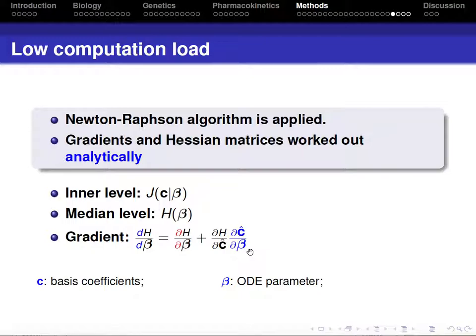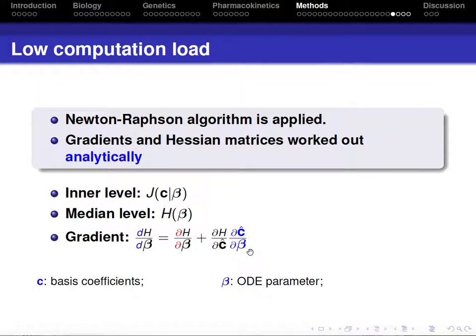We only know that C hat is one implicit function of beta, right? So how can we find the derivative analytically? This is hard. Any ideas? We don't know the functional form of C hat as a function of beta.